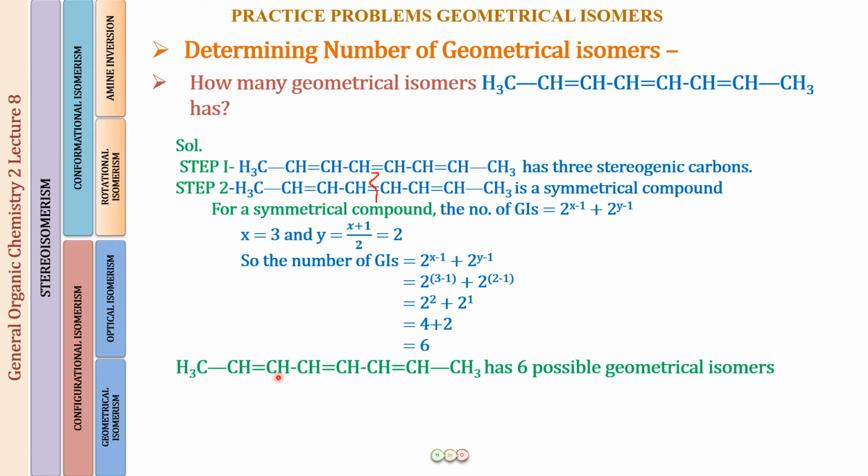So finally, what you're going to write as the answer, you can be given a multiple choice question also, with 3, 4, 5, 6 structures possible. So it is going to be 6 geometrical isomers for this compound. Finding out the number of stereogenic centers, then finding out whether the compound is symmetrical or not, and using the formula appropriately. Perfectly fine.